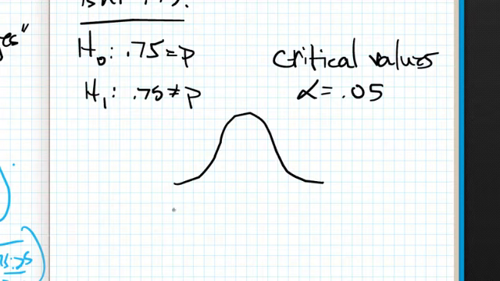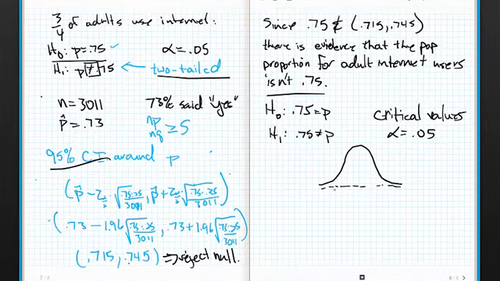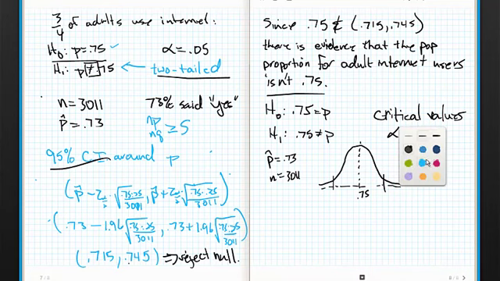Now, what 0.05 is in this case, and I know this is going to sound redundant because we already found, quote unquote, the critical values, but watch how this works. 0.05 is kind of the allowable probability of failure, but what it really says is we're not going to let this, remember, p hat equals 0.73 and n equals 3011, we are not going to let 0.73 drift far enough away from 0.75 that it ends up out here in crazy town.